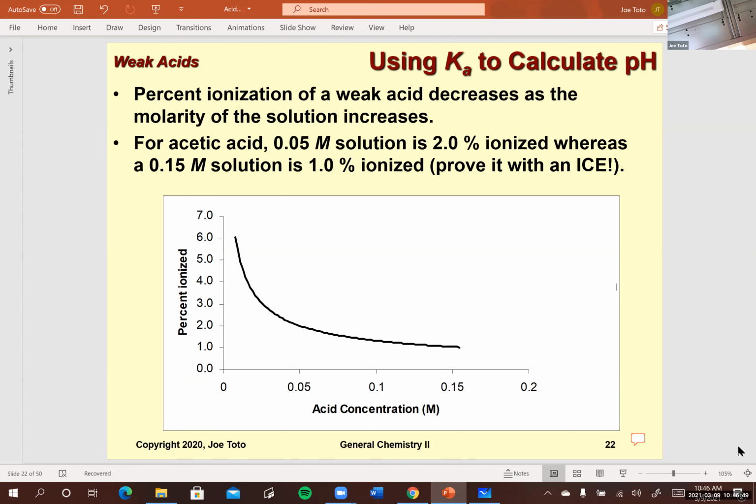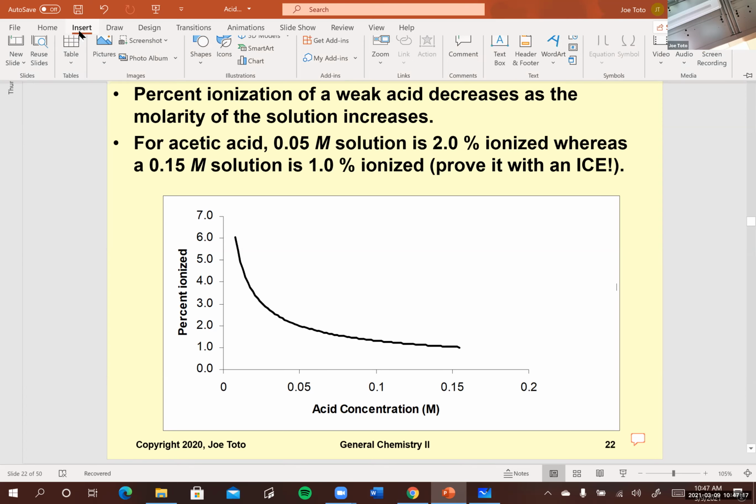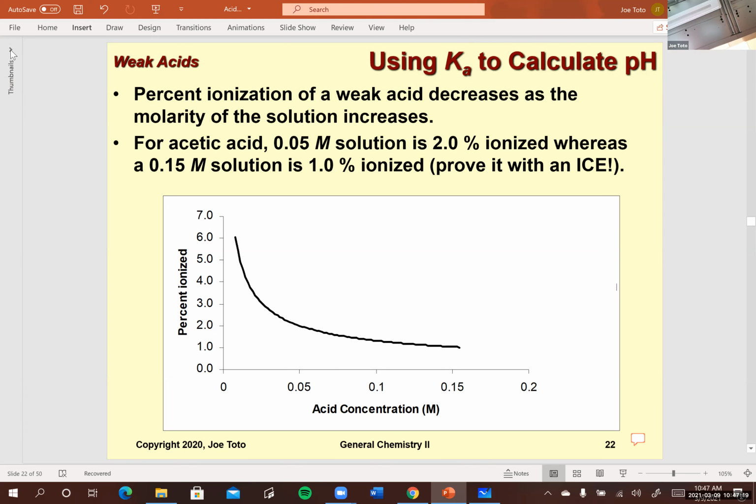And we can make one up from this slide. It says for acetic acid, a 0.05 molar solution is 2% ionized, whereas a 0.15 molar solution is 1% ionized. So let's make up a problem and ask ourselves, let me insert a slide.